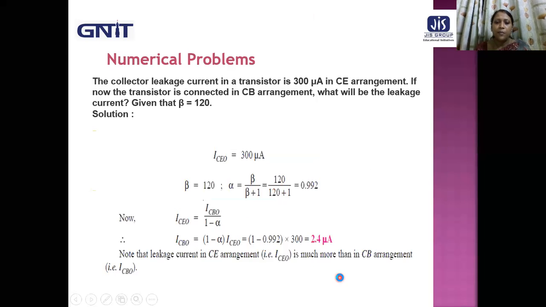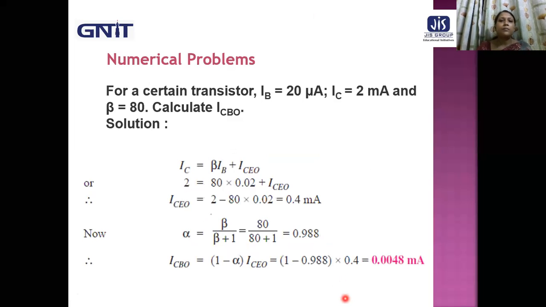Let us go to the next problem. Here is another example. For a certain transistor, IB is given, IC is given, and beta is given; calculate ICBO. So we know IC equals beta IB plus ICEO.